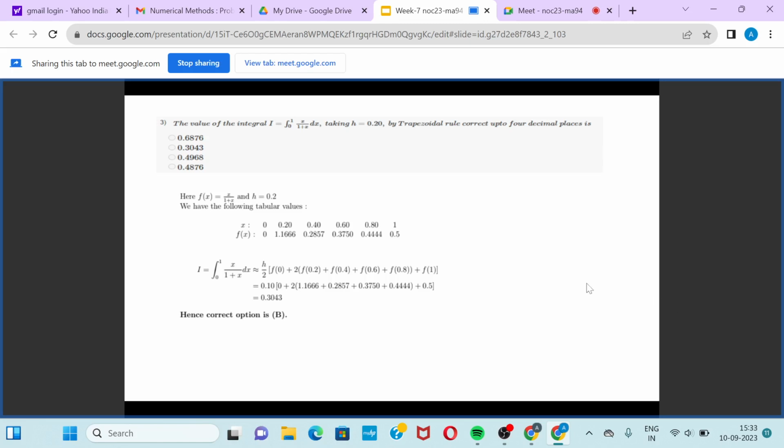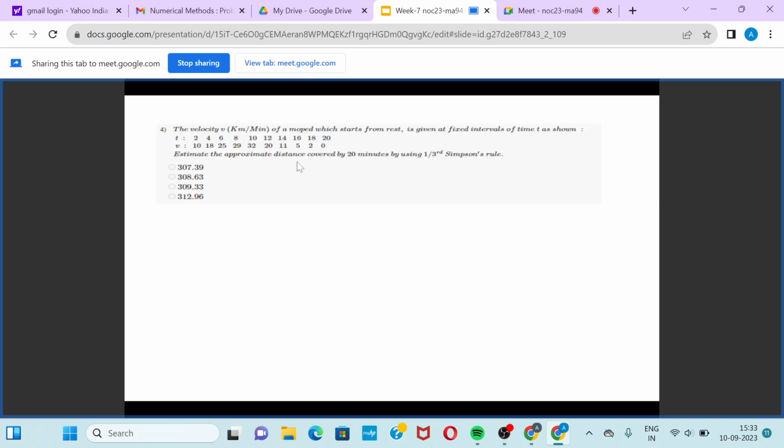So let's move to the next question. Question number 4 is: the velocity v, having unit kilometer per minute, of a moped which starts from rest is given at fixed intervals of time t as shown. So for particular times you have been given the velocity of the moped.